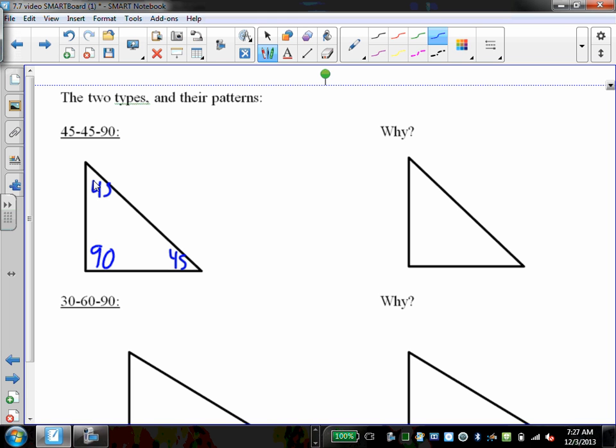Lower right angle. The way that the hypotenuse is related.